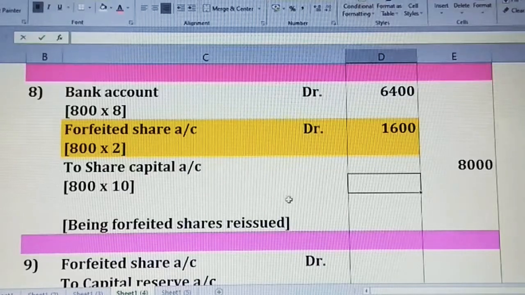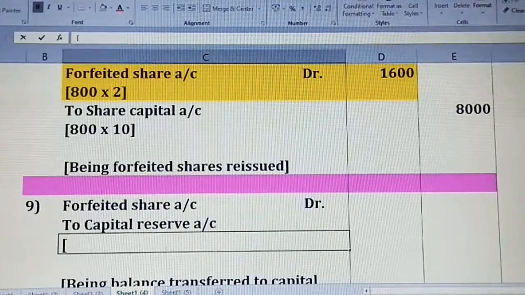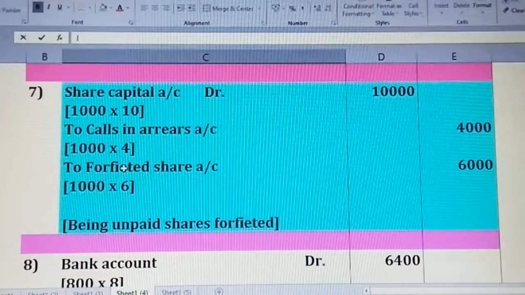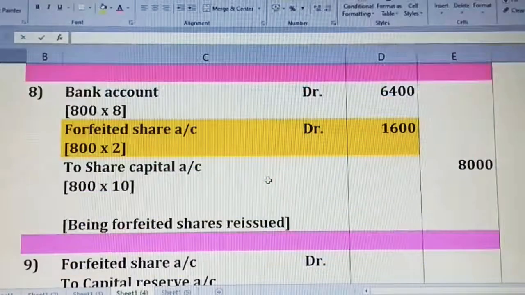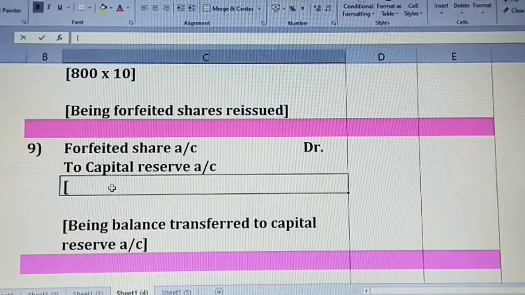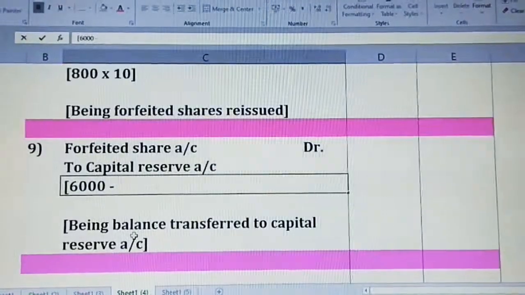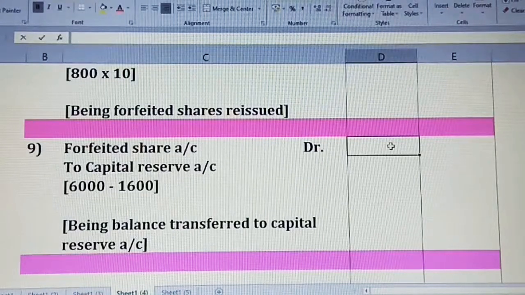Next, moving on to the last entry, forfeited share account debit to capital reserve. Let us just observe whether it is a profit or a loss, concentrating on forfeited share account. 6,000 is a credit value. 6,000 minus, so what is the debit value? 1,600. 6,000 minus 1,600 gives you 4,400.